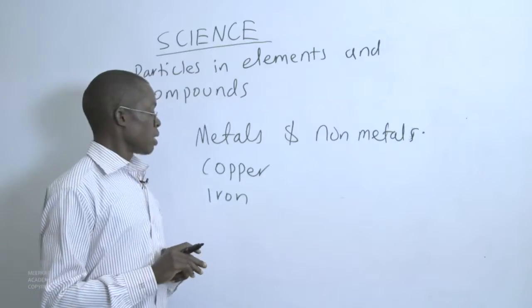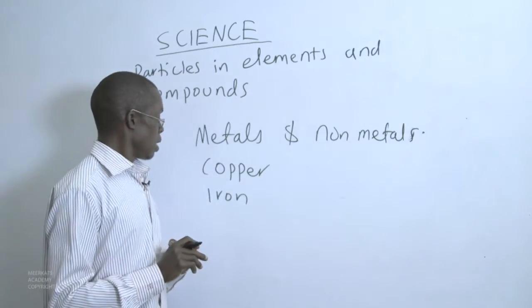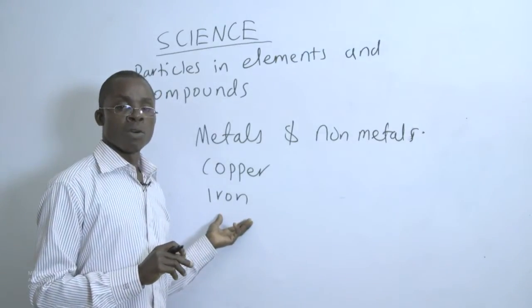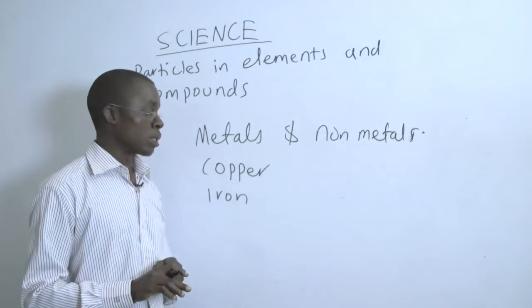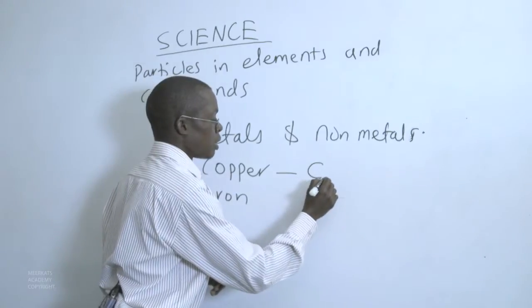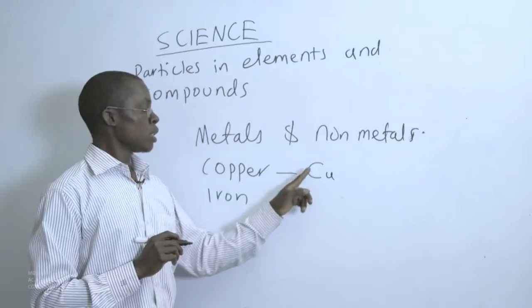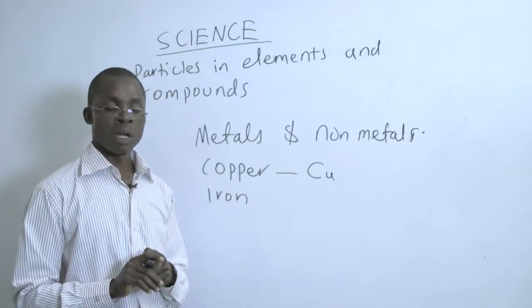Now you realize that the symbol you have given does not always agree with the name of the element or the substance you are talking about. The formula for copper is Cu, where C is a capital letter and u is a small letter.